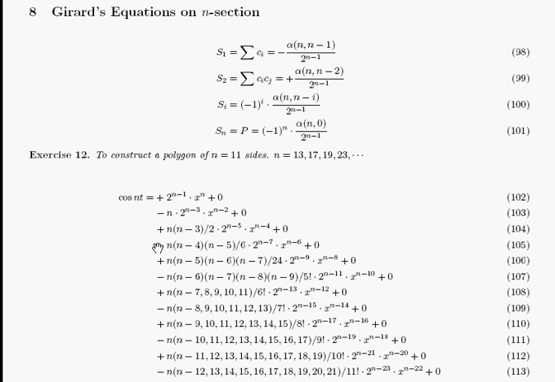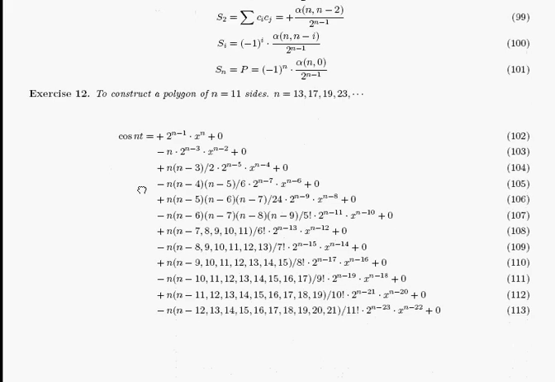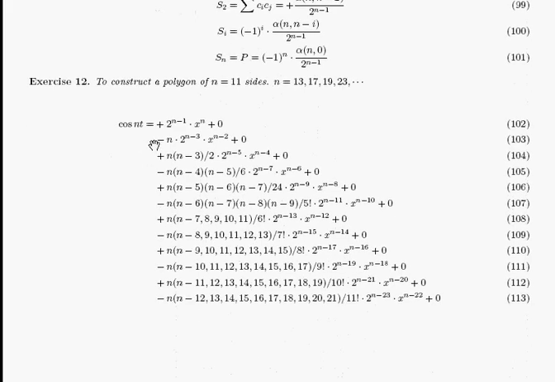Okay? Who is cosine of nt? In the case of 23, you will stop at n minus 22. You will have x to the power 23, 21, 19, 17, 16, 15, 13, 11, 9, 7, 5, 3, and 1.